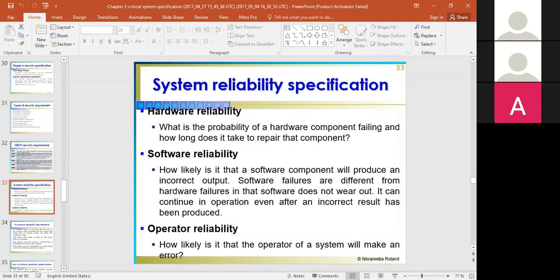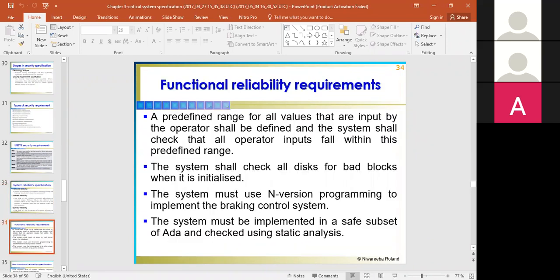And operator reliability, definitely the operator, the human: how likely is it that the operator of a system will make an error? These are what each of them specifies. Now let me come to functional reliability requirements.